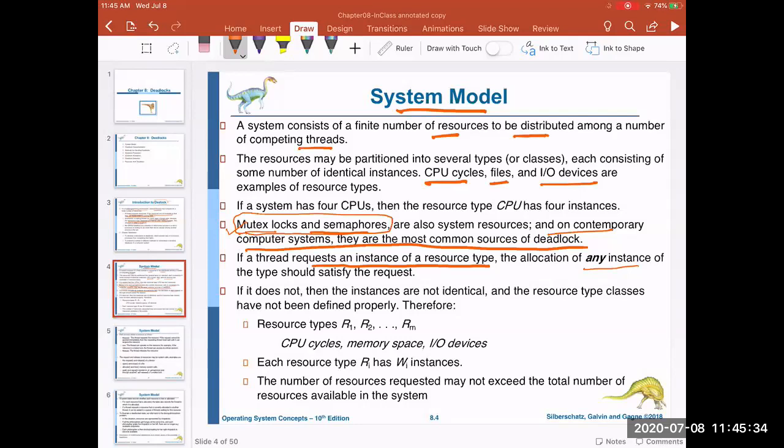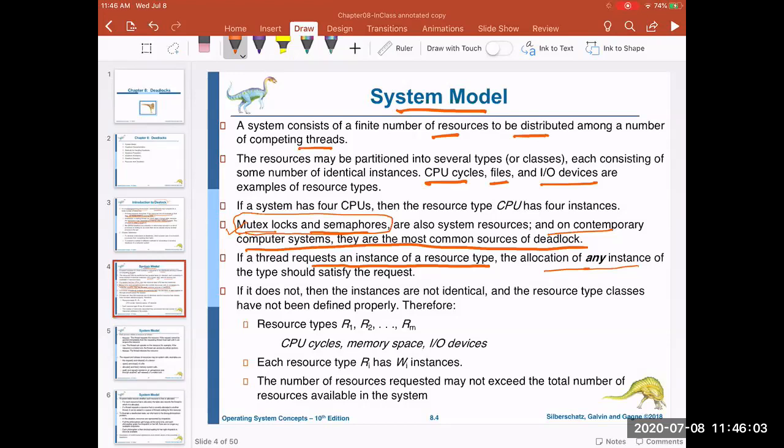So it may be 2 instances of the same resource, 3 instances, 4 instances of the same resource. Any number of instances, all would be of the same capability. Any one of the instances can be allocated to the requesting thread, and it will actually serve the purpose.